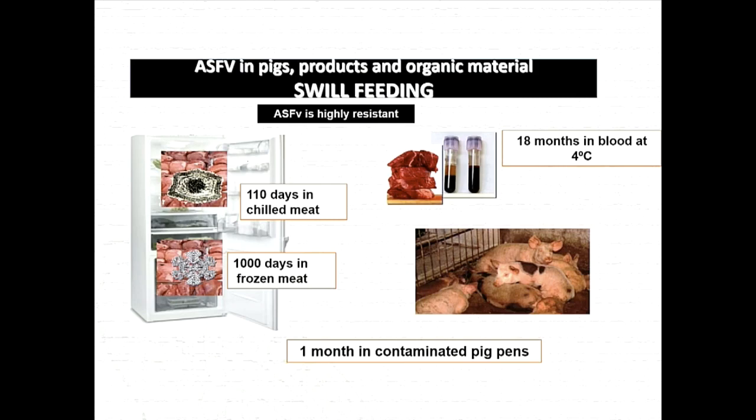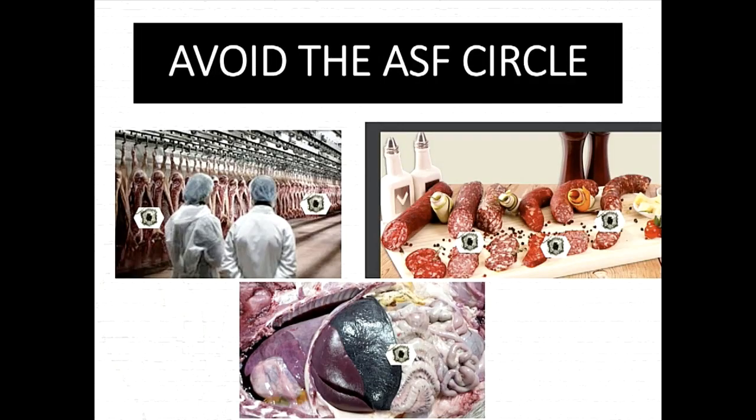That means this virus is very resistant, and sometimes you can already have the virus in your farm, in the refrigerator of your worker, because they bring products to it, and that is very dangerous. I have found this already in many places. So be careful with that. This is the reason why it's very resistant. I told you, resistance and blood are the two points you have to remember.